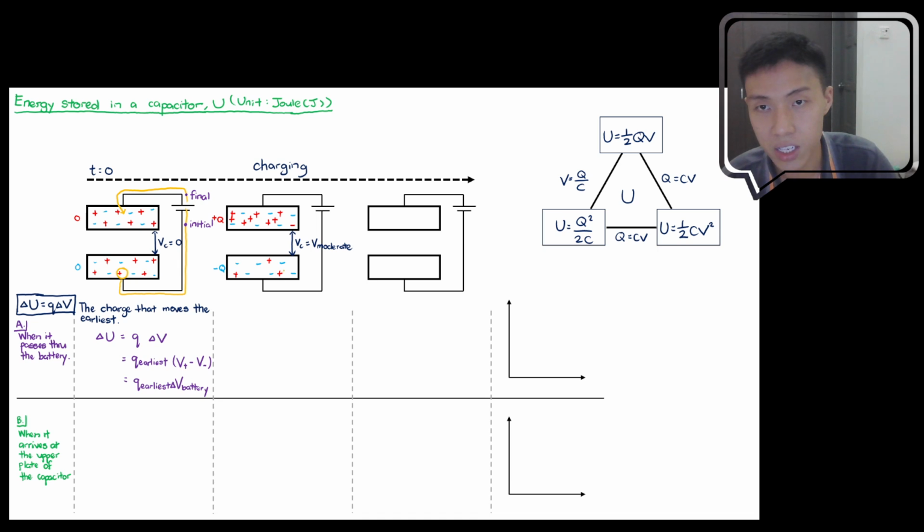This charge is now moving, so you go in, go here, go here, go here, and you enter here. Again, I'm going to study another charge, but this time it is a charge that moves later during the charging process.